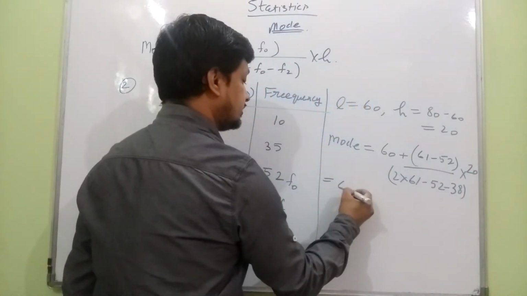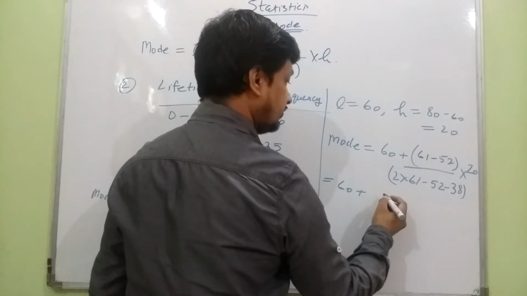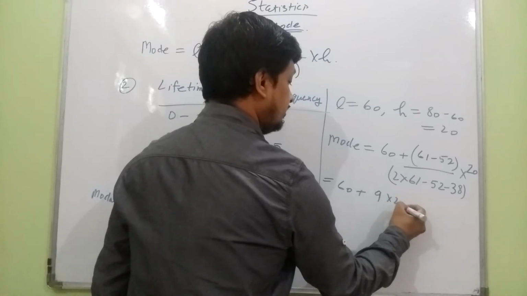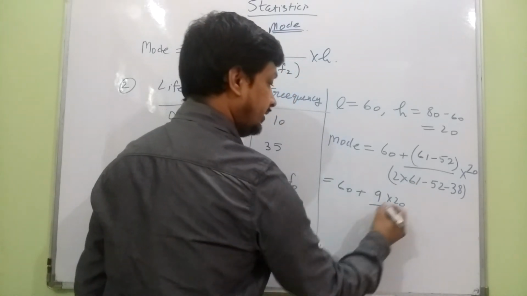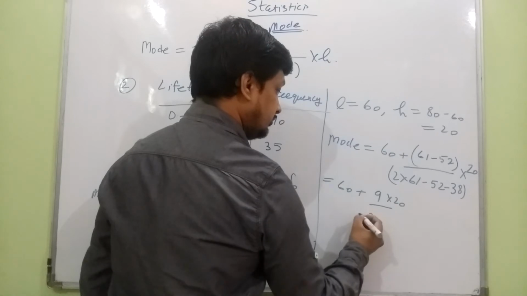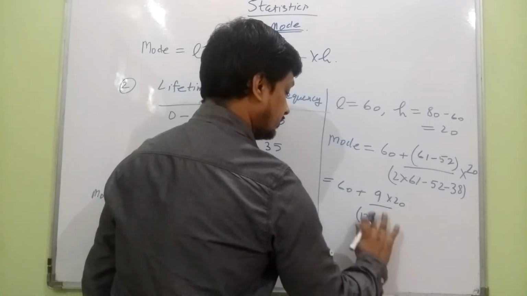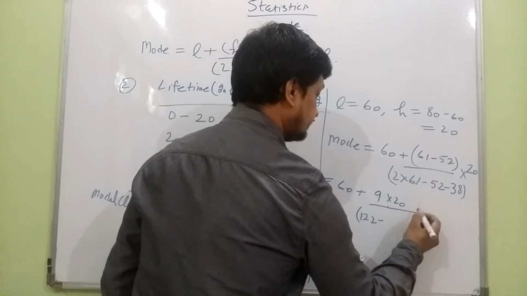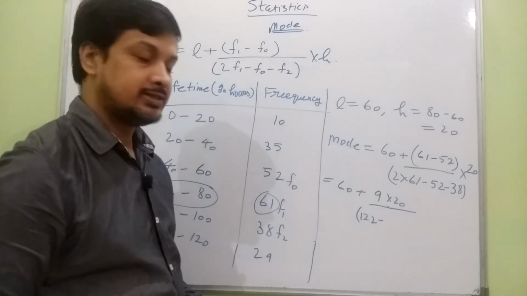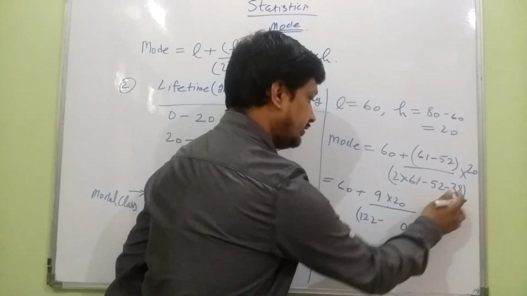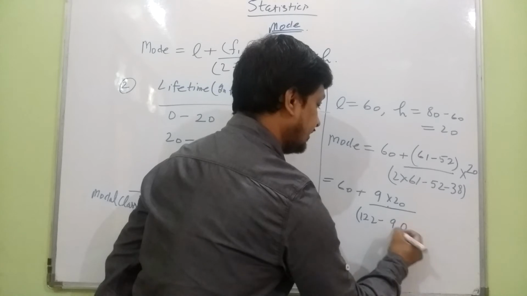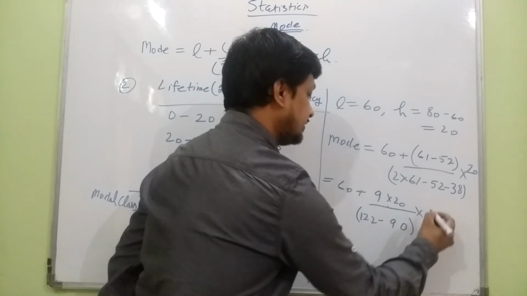Okay, so 60 plus 61 minus 52 will give you 9 into 20. It will be 2 1 is 2, 2 6 is 12, 122 minus, plus, you can just add. It will give you 90 into what is H?